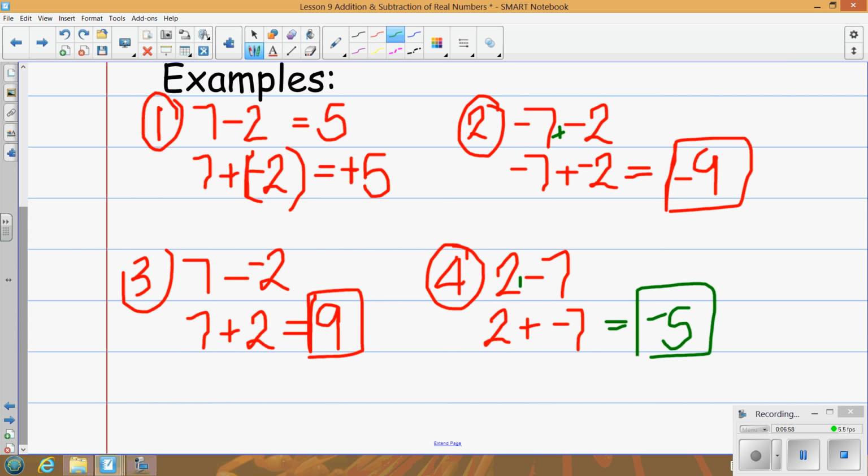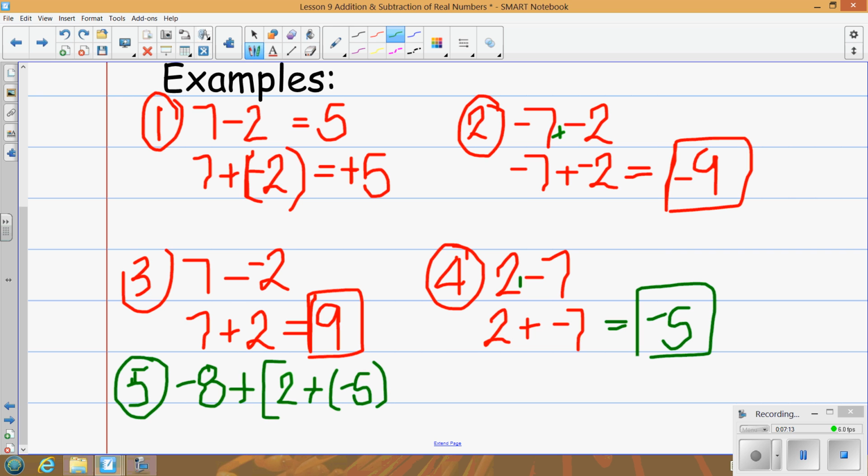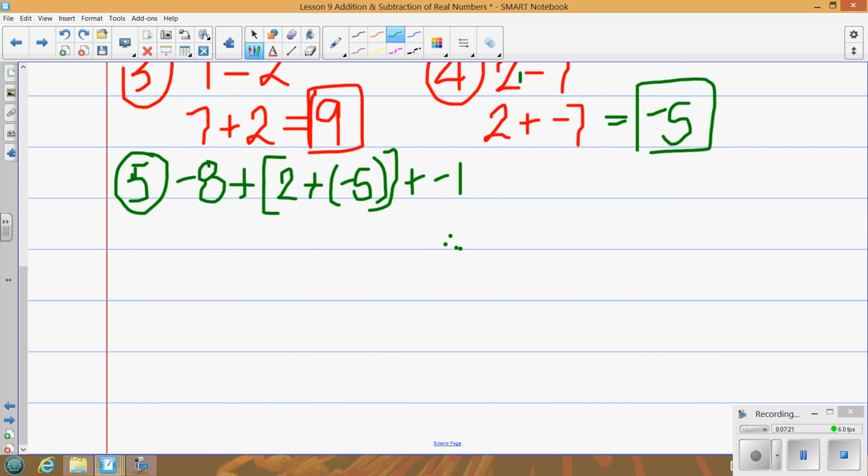And then let's look at one last example. So negative 8 plus the quantity 2 plus negative 5, plus negative 1. This example is incorporating what you're learning here as well as order of operations.